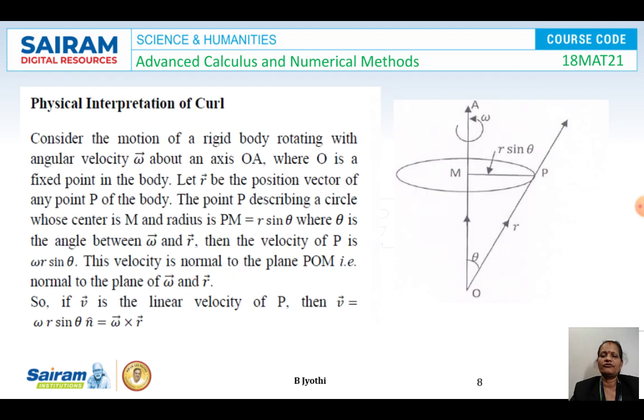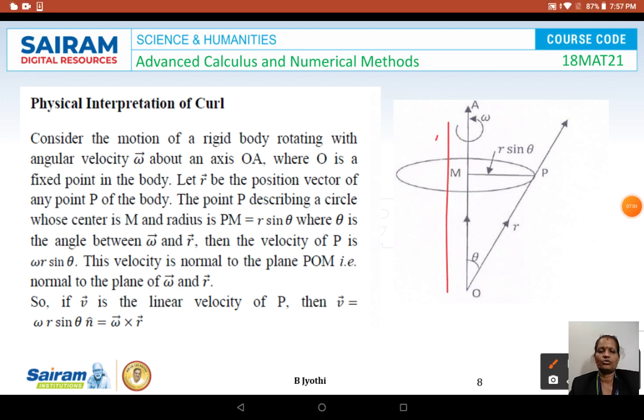What is one of the interpretations I would like to give? The physical interpretation of the curl. Consider the motion of a rigid body rotating with the angular velocity omega about the axis OA, in this direction, where O is the fixed point of the body.